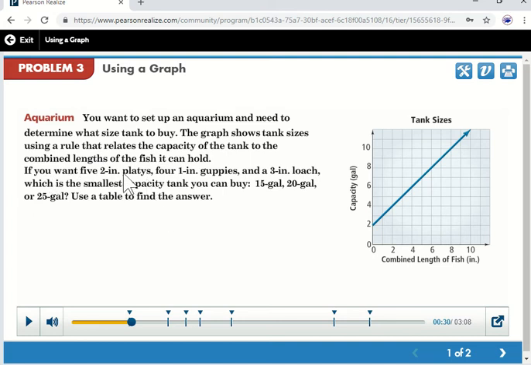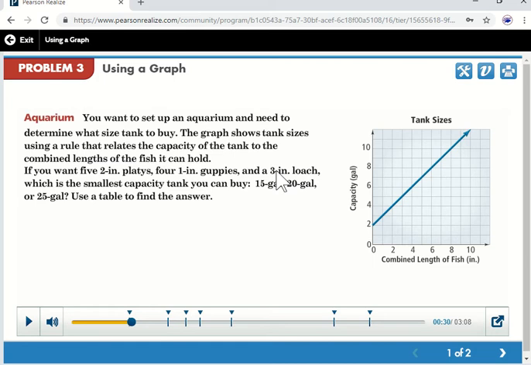So here's the hypothetical: what if we have 5 2-inch fish? Okay, so that's 10 inches total, plus another 4 inches because of the 4 1-inch guppies. That makes 14 inches total. And a 3-inch loach brings us up to 17, I believe.